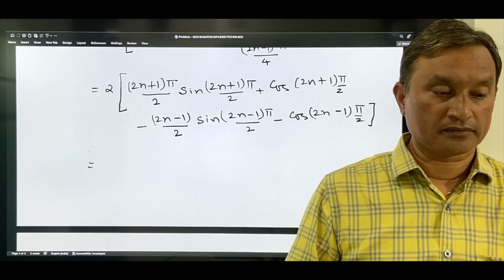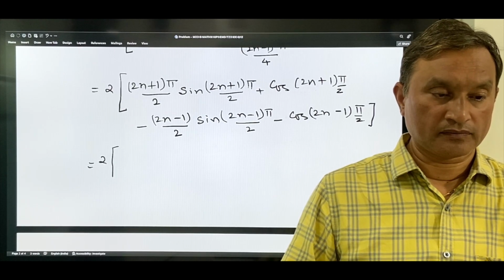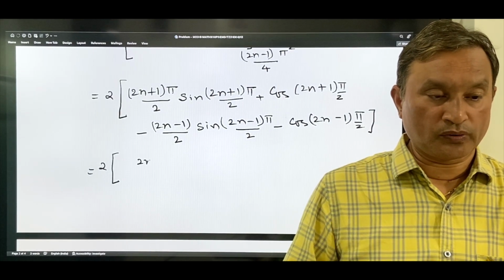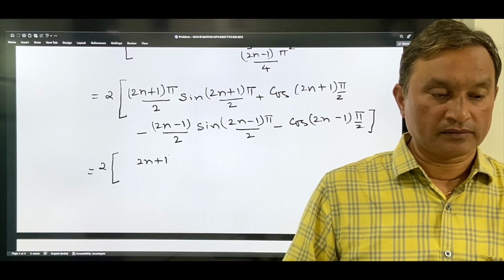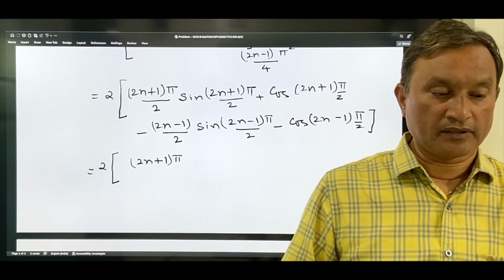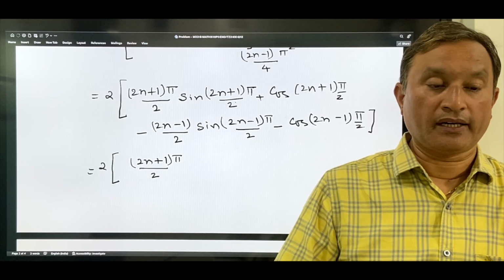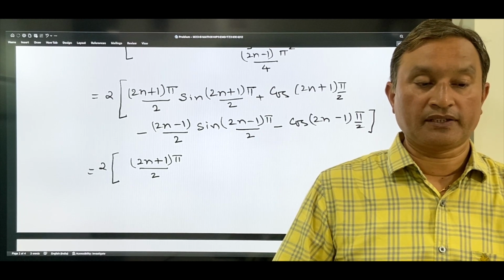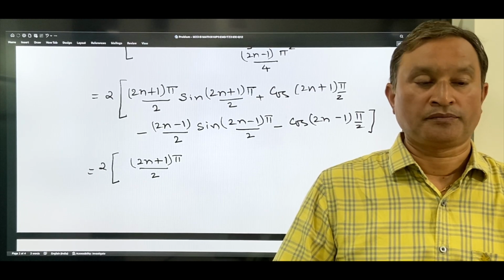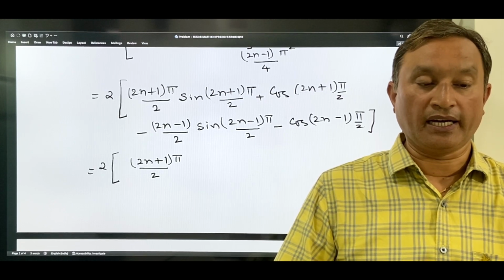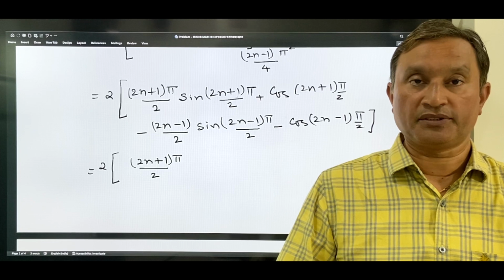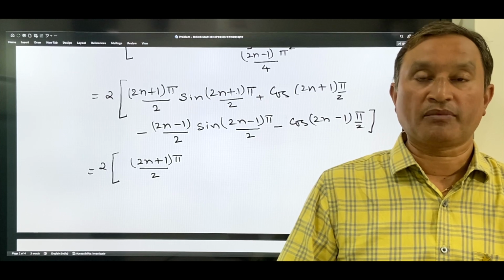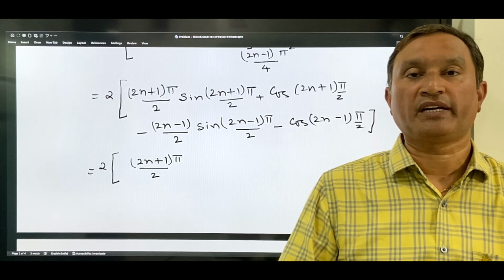Now here we will simplify. For (2n plus 1) pi by 2, the angle values would be odd multiples of pi by 2, like 3 pi by 2, 5 pi by 2, and the sine value we will be getting is minus 1.